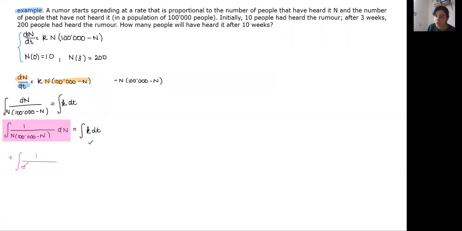So we got 100,000 times n minus n squared with respect to n. And from here, what you propose is that we have the integral of 1 over 100,000 n minus 1 over n squared. Does this work, everyone?